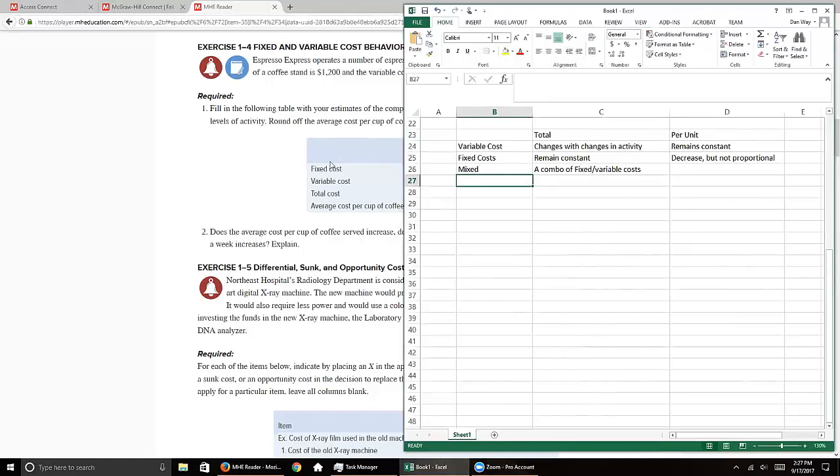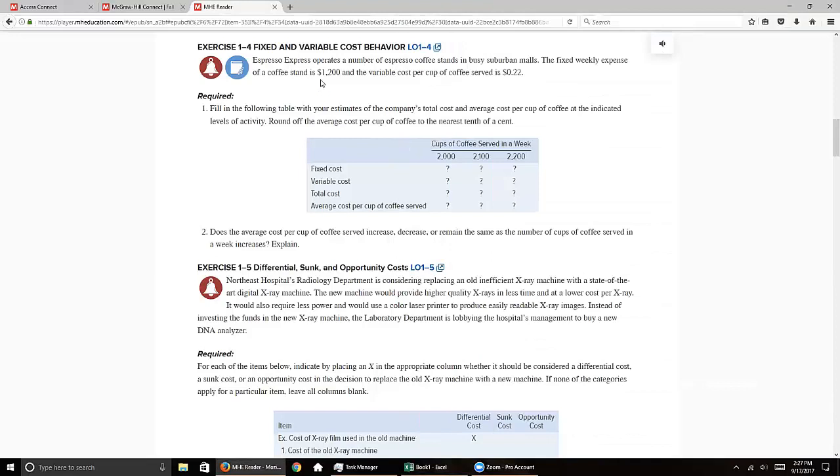So let's glance at this Exercise 1.4, which made use of a few of these concepts, and talk about that for a minute. It says Espresso Express operates a whole bunch of coffee stands. The fixed weekly expense of a coffee stand is $1,200, and the variable cost per cup is 22 cents.